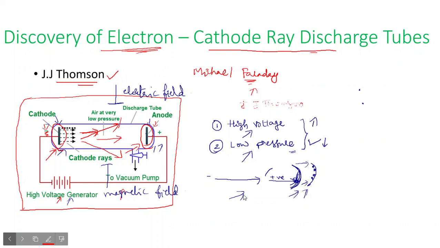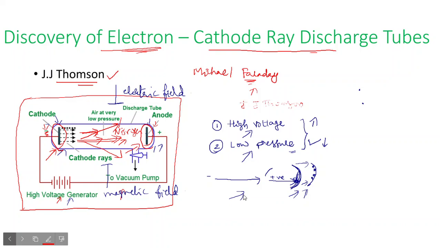And these rays also don't depend on the nature of the gas. You can take any gas: nitrogen, oxygen, carbon, any gas. If you take nitrogen gas, these rays behave in the same manner. If you take carbon gas, these rays behave in the same manner.